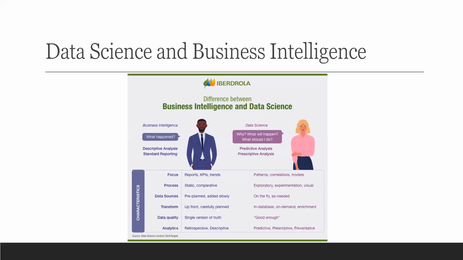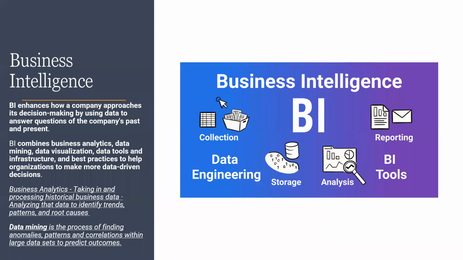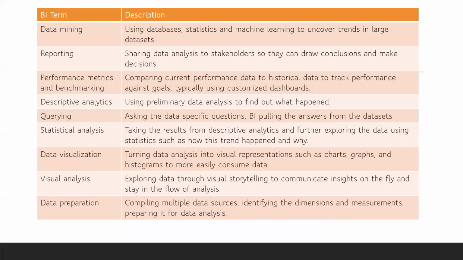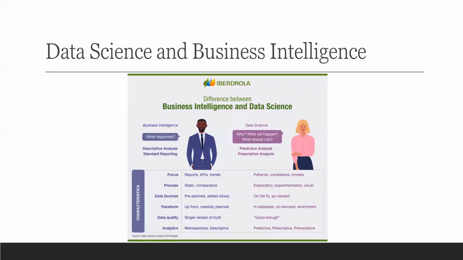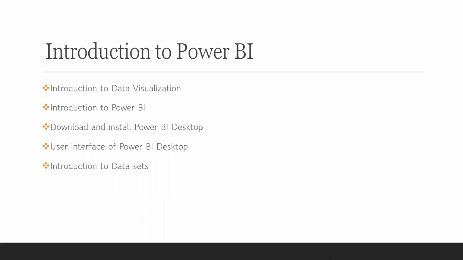Okay, so just to go back to what we learned: what is business intelligence? The main thing is collecting the data, storing the data, analyzing the data, and reporting using business intelligence tools. We also learned some terms related to business intelligence, and the difference between data science and business intelligence. Now we are jumping into Power BI.